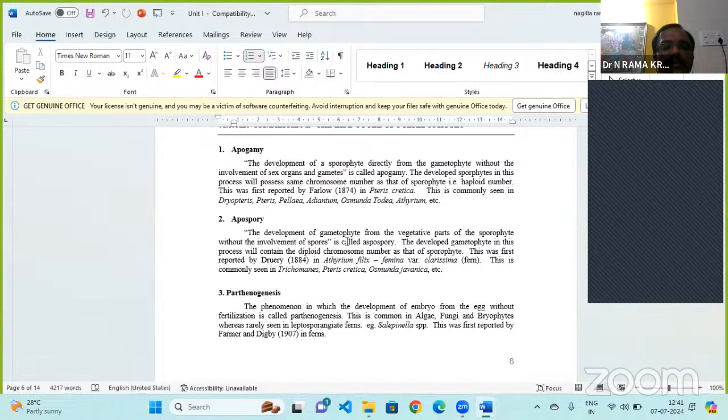This was first reported in 1884. That is apogamy and apospory.